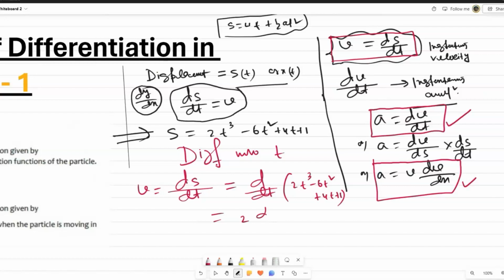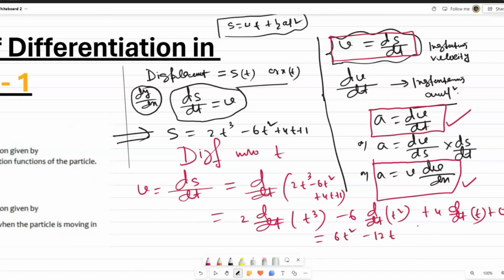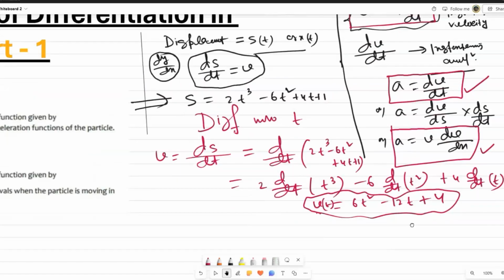So this is nothing but 2 comes outside, d by dt of t cube, minus 6 d by dt of t square, plus 4 d by dt of t, and this one is a constant, its value will be 0. So 3t square, it will be 6t square minus 12t plus 4. So you got velocity as a function of time: 6t square minus 12t plus 4. So the velocity function we got.